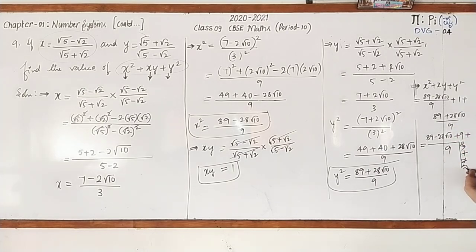Now minus 28 root 10 plus 28 root 10 get cancelled. Now 89 plus 9, 89 plus 9 divided by 9.